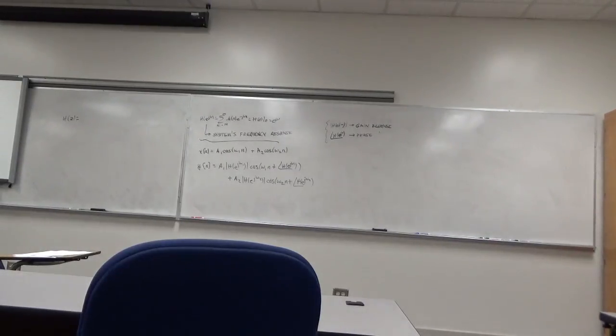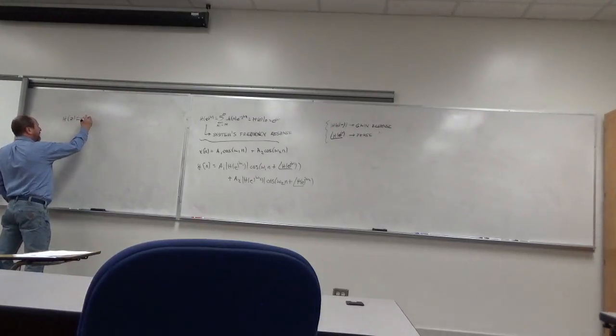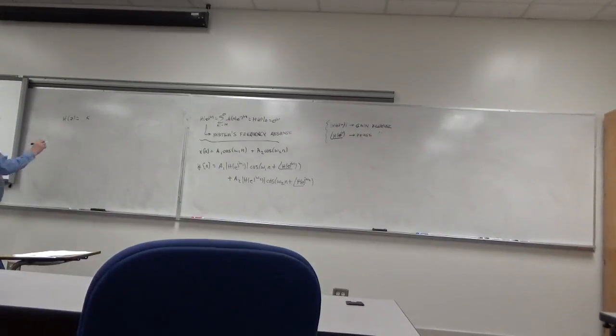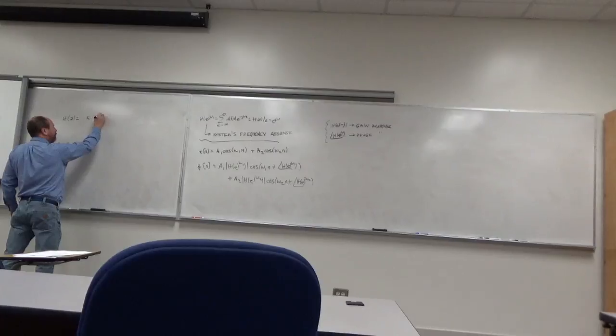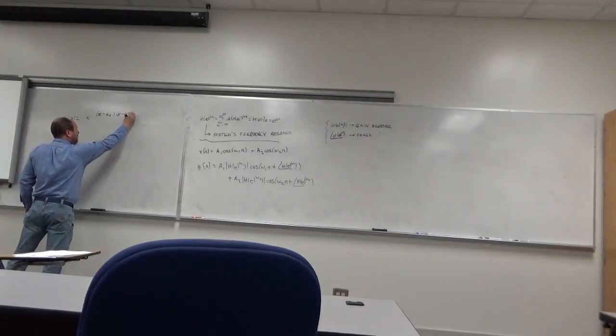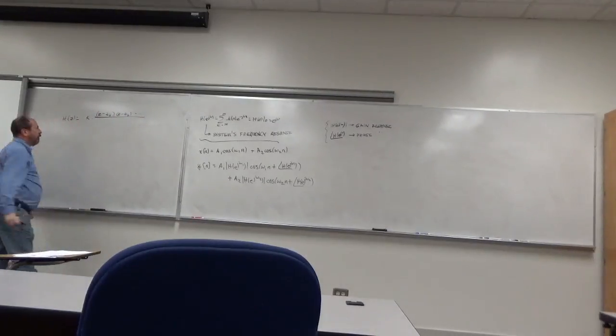Am I moving a little fast? Okay. I have a transfer function for a system, and let's say it has a gain factor, k. Now, k is just a constant out front, and then I have some zeros, z minus z sub a, z minus z sub b, and I may have more.